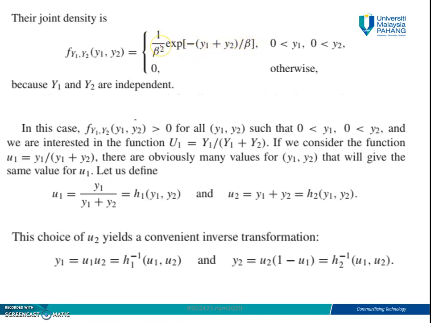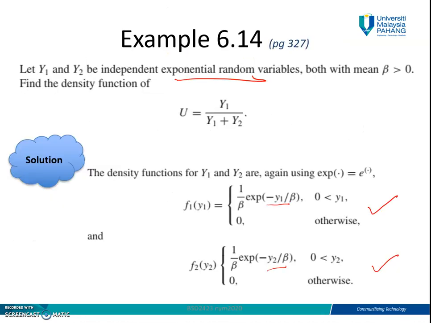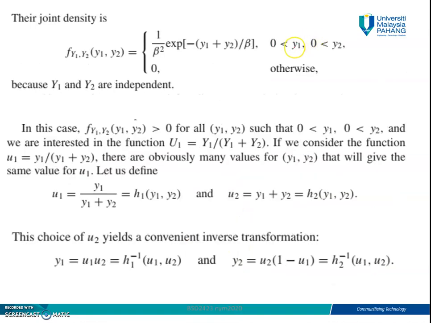And you get 1 over beta square, because 1 over beta times 1 over beta is 1 over beta square. Here you have two random variables, y1 and y2, both greater than 0. You can do this because y1 and y2 are independent. In this case, the joint density function is greater than 0 for all values of y1 and y2 because of this limit.